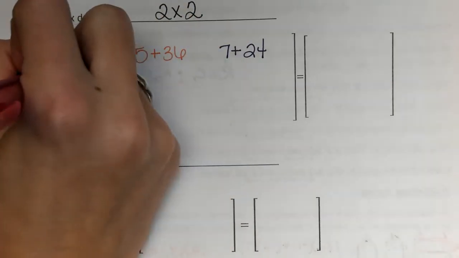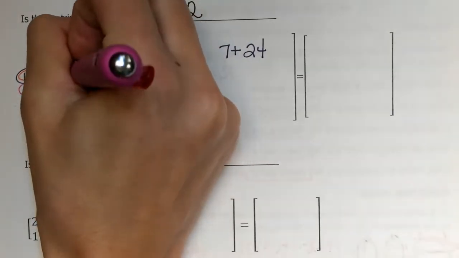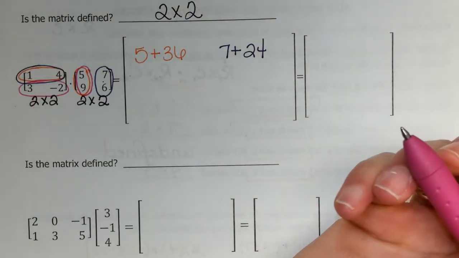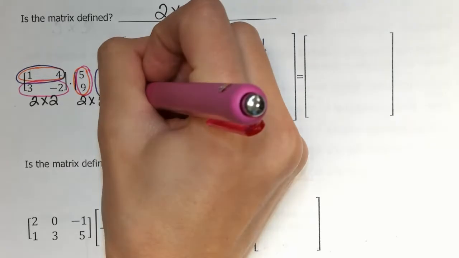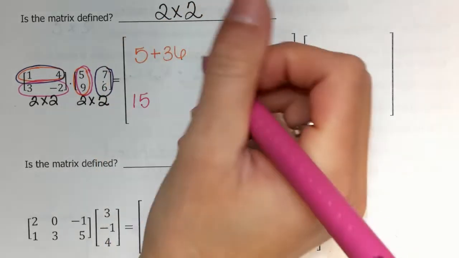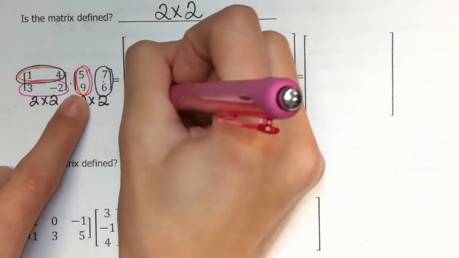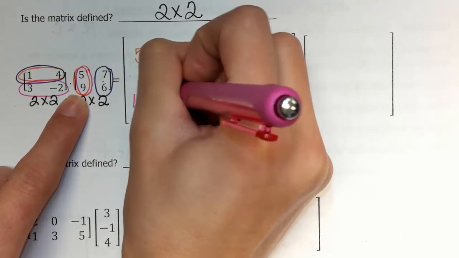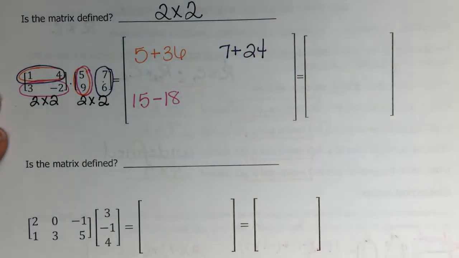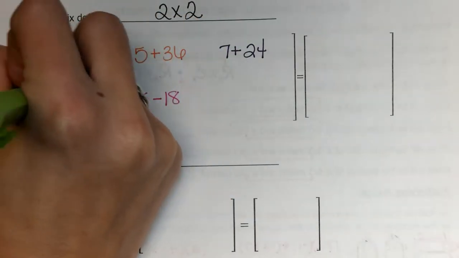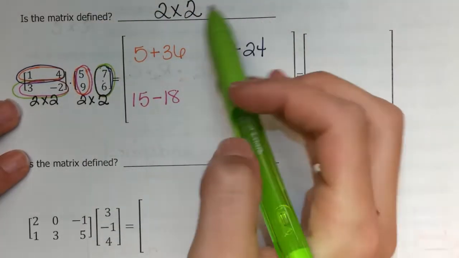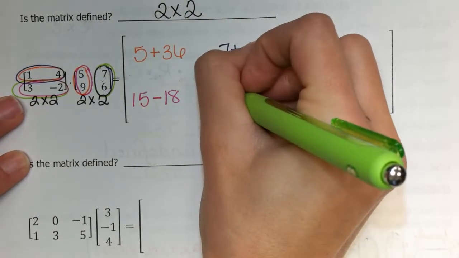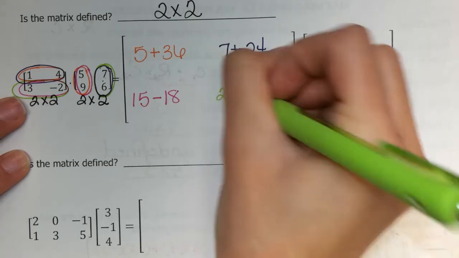And then second row, first column, 3 times 5. And then I've got a -2 and a 9, so that's going to give me a -18. So then 3 times 7, -2 times 6.